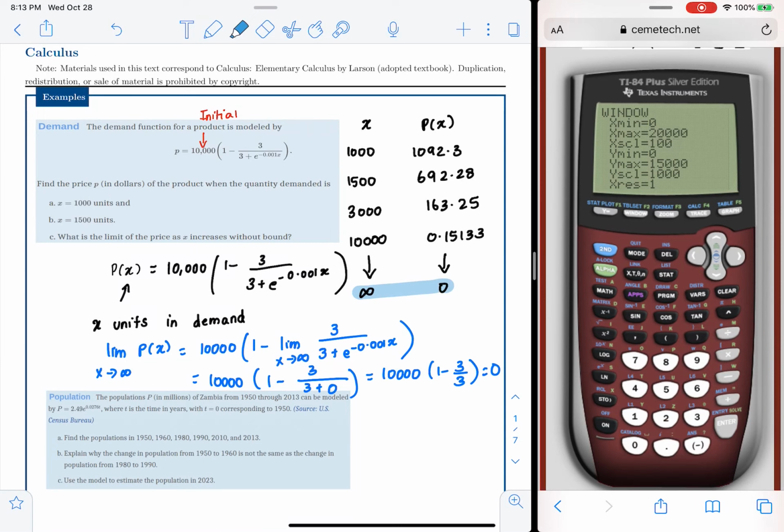Perhaps I'll change the scale and have it that way, and you can see it's going towards 0. Adjust the y value also. And there is our curve if it goes in steps of 3,000.